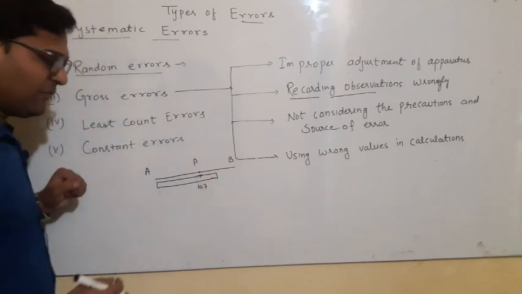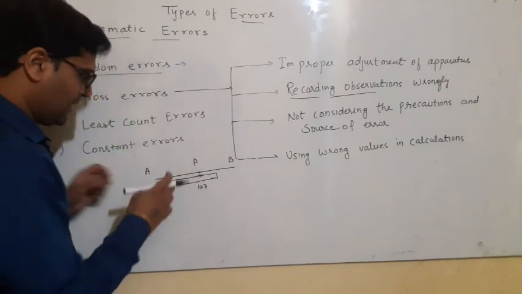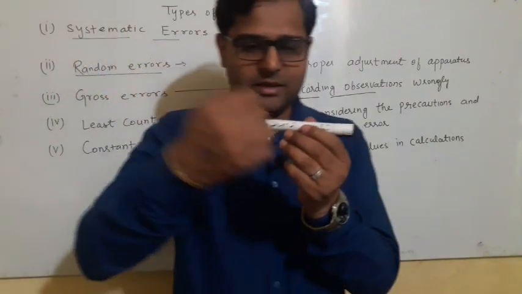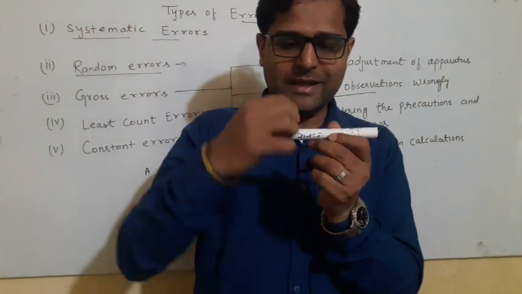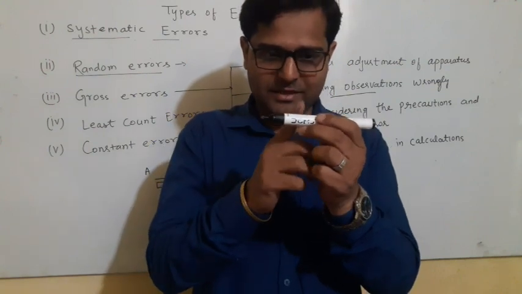If I observe the reading in this way, my contact must be, this is the actual point of contact, so my eyes should be at this angle.